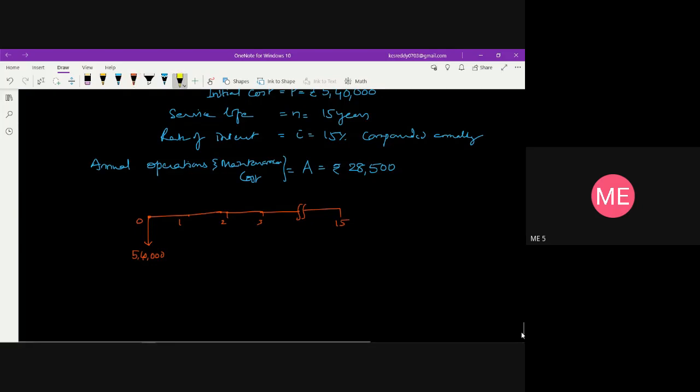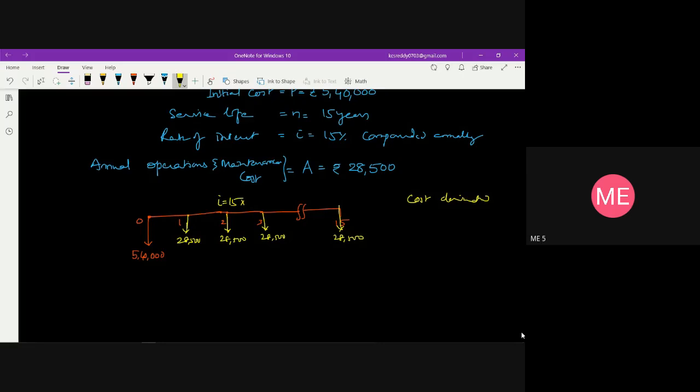The annual operation maintenance cost is 28,500 each year. Make the distances between the time periods uniform, 0 to 1, 1 to 2, 2 to 3, like that. So this is also a cost dominated cash flow diagram.